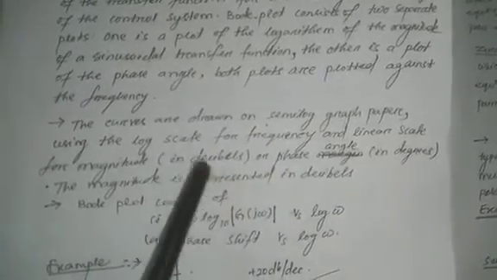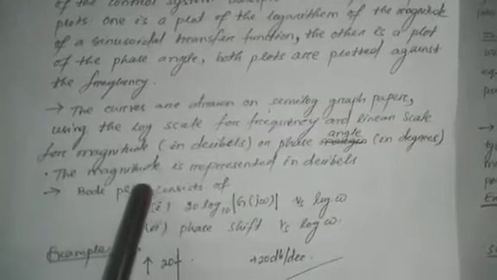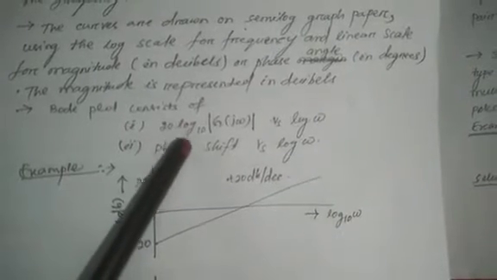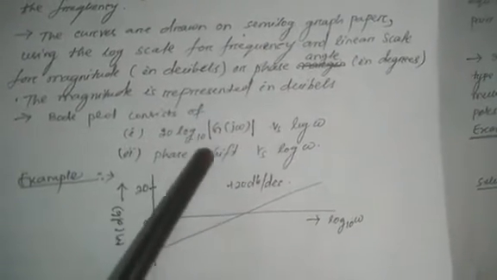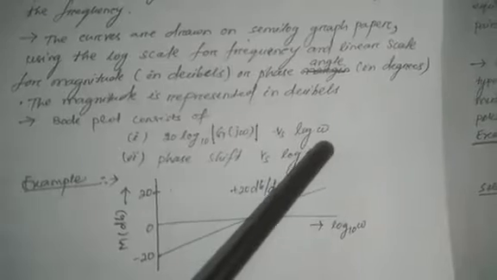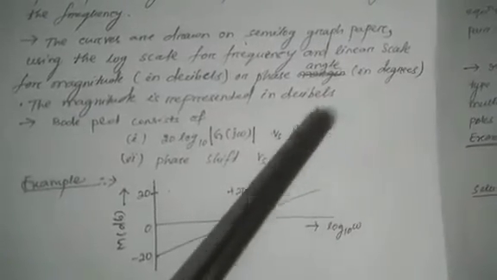These are drawn on semilog graph paper using a log scale for the frequency and a linear scale for magnitude in decibels or phase angle in degrees. The Bode plot is 20 log to base 10 of the magnitude of G(j omega), where omega is the angular frequency, versus log omega, meaning on one axis the frequency is taken in logarithmic value.